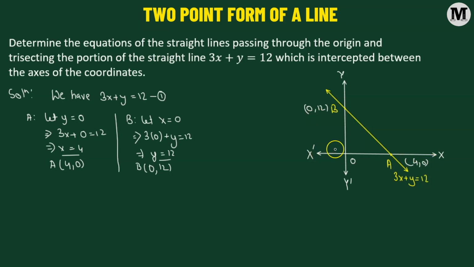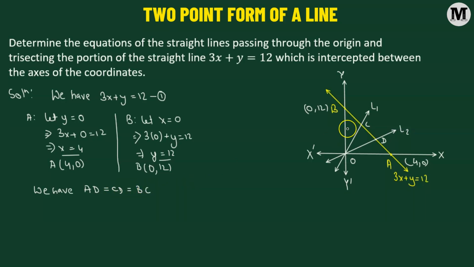Now we are going to draw two lines which pass through the origin, and both of these two lines are going to trisect AB. So let's consider two lines, line L1 and line L2. L1 is crossing the line 3x + y = 12 at point C, and L2 is crossing that same line at point D. Now L1 and L2 are trisecting the line segment AB, meaning the length AD will be equal to CD will be equal to BC.